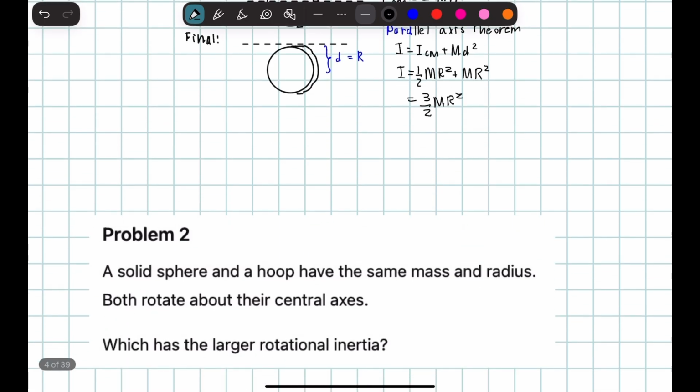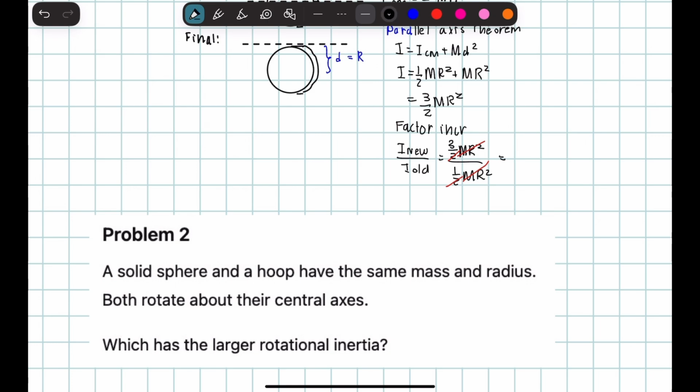So now, what we want to do is find the factor increase. And how do you do that? You just take the ratio of both of them. That's the factor. So I new divided by I old. The new is 3/2 mr squared, which we just calculated, and the old was 1/2 mr squared. Now we can cancel out those 2's, and all we're left with is 3.